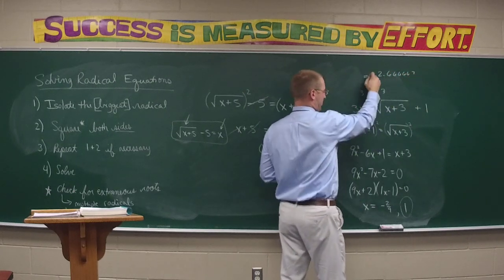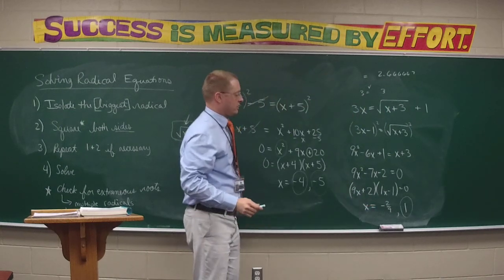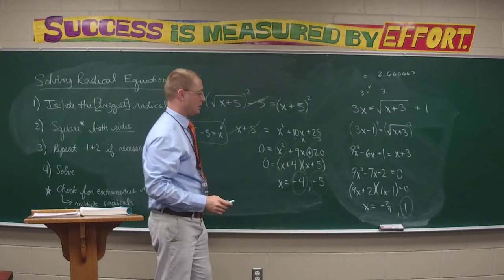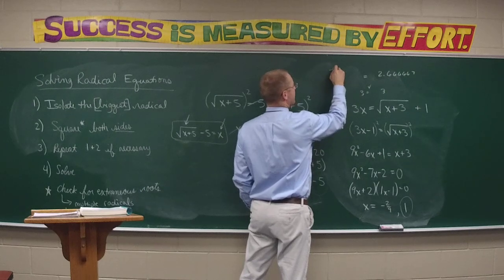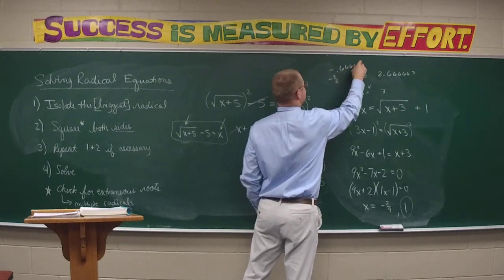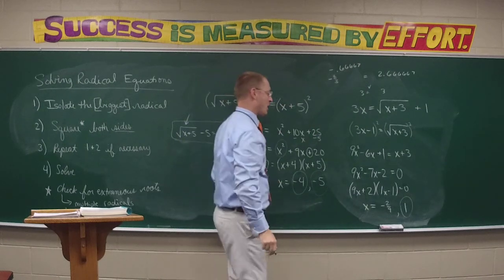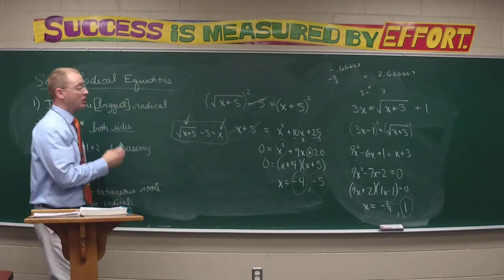All right, on your calculator, 3 times negative 2 ninths is negative 2 thirds, which is negative 0.66667, blah, blah, blah. Is that the same thing? No. So that means we have an extraneous root. Questions on this one?